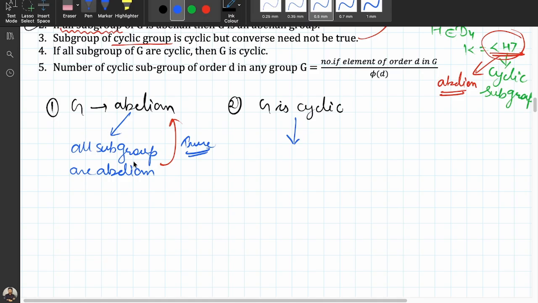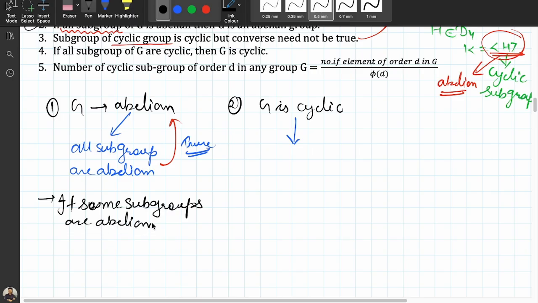If all subgroups are abelian, then the group is abelian. But if some subgroups are abelian, then it may or may not be. If all subgroups are abelian, then of course that group is abelian.